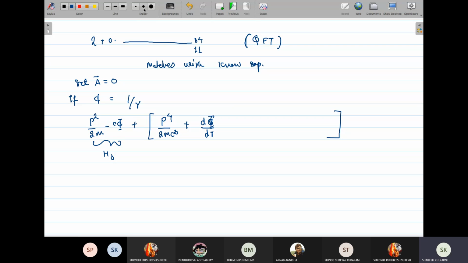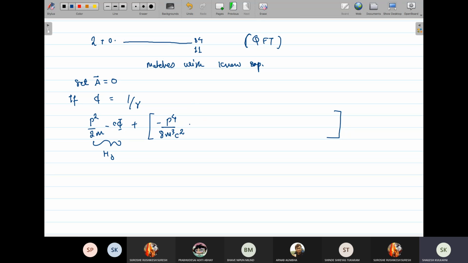So let me write it in a precise way. This is the zeroth order Hamiltonian, and then I will get minus p to the power 4 divided by 8 m cube c square. That is one term.